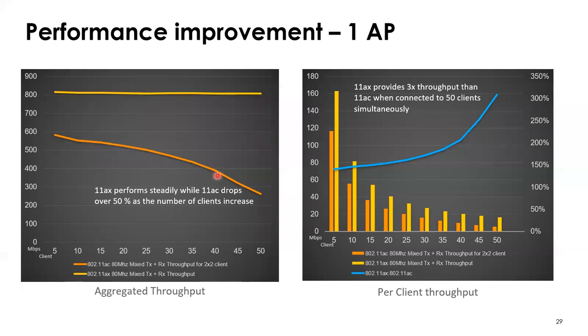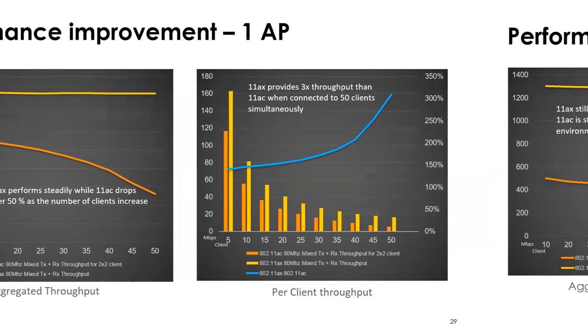And part of that is co-channel interference. You would have multiple devices broadcasting at the same time to the same AP, and so the airtime utilization would be poor and your overall aggregated throughput would drop. With Wi-Fi 6, there is basically no drop in your aggregated throughput as you add additional users onto your wireless network.